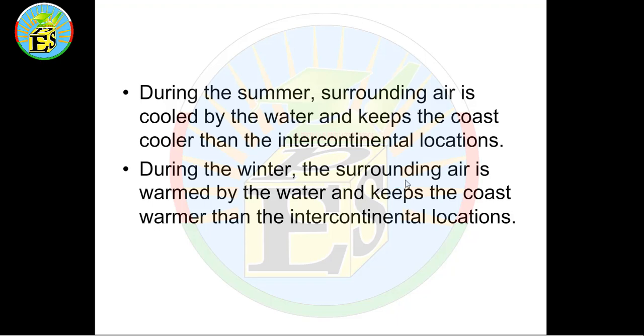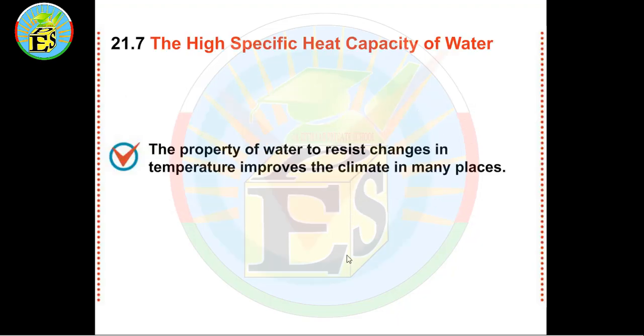During the winter, the surrounding air is warmed by the water and keeps the coast warmer than the intercontinental locations because water has high specific heat capacity. The property of water to resist changes in temperature improves the climate in many places.